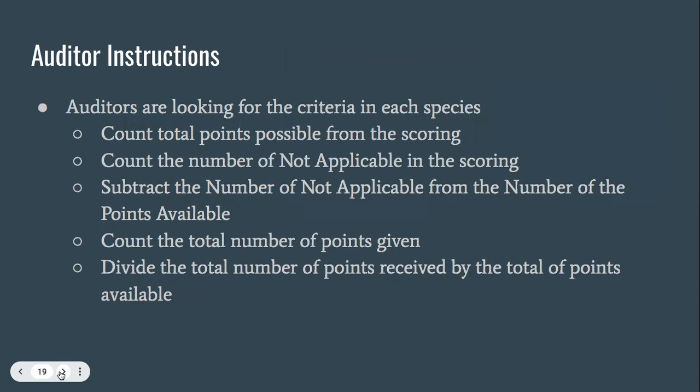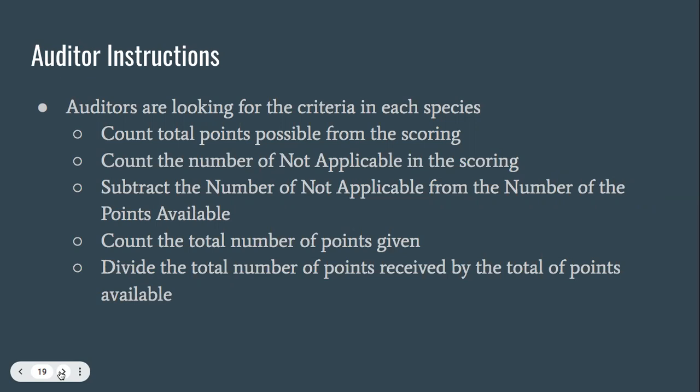And then auditor instructions. So what auditors are looking for, it really depends on each species, but usually this is the instructions that they are given when looking at and scoring each species. They're going to count the total points from the possible scoring. So in each species there are different sections and criteria.